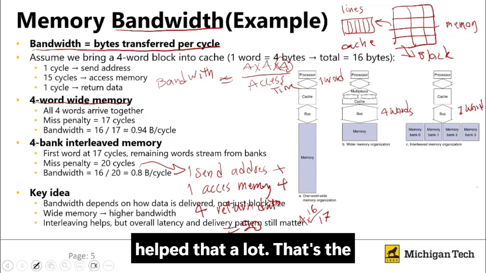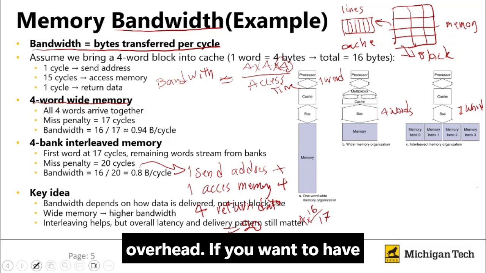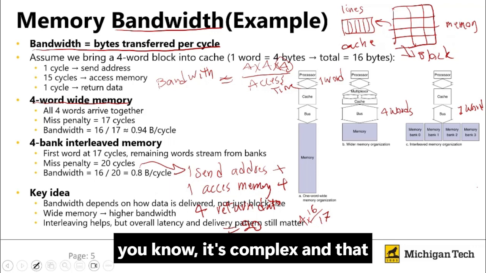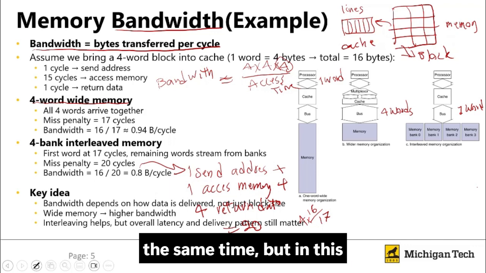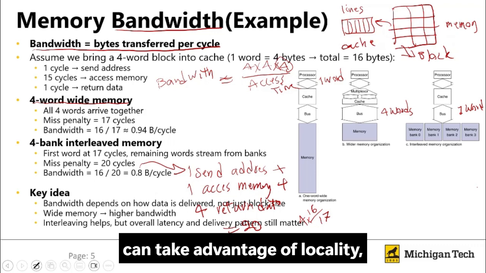That's a technology, but it needs lots of overhead. If you want to have an interleaved memory, it's complex, and that complexity is overhead at the same time. But in this class, we're going to learn how we can take advantage of locality.